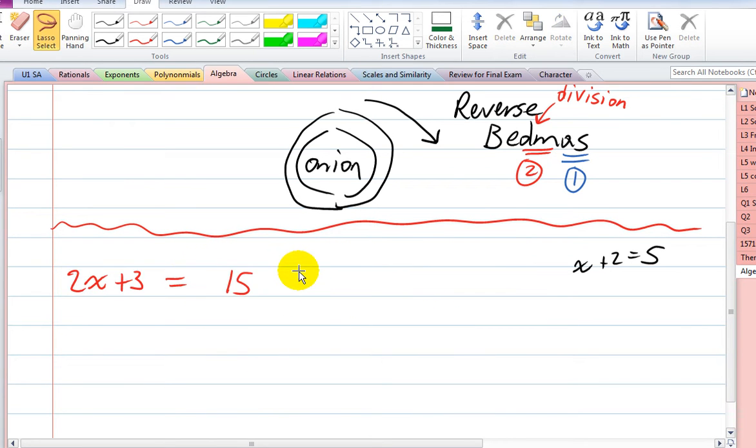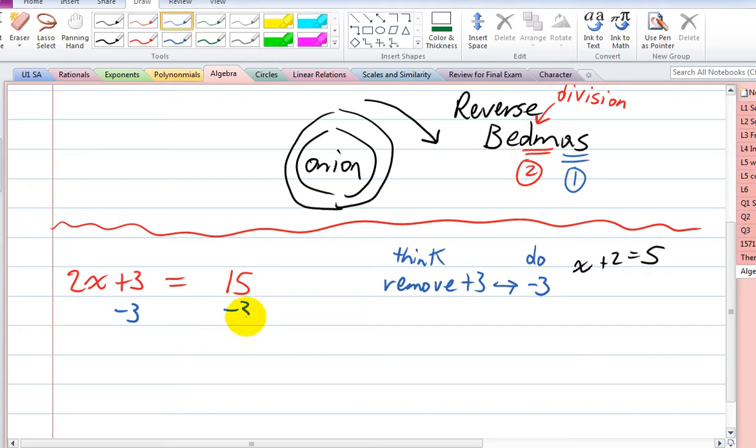So what you want to think is you want to remove the plus 3. To remove a plus 3, you minus 3. So I'm going to subtract 3 from the left, but it's not balanced now. What do I have to do?